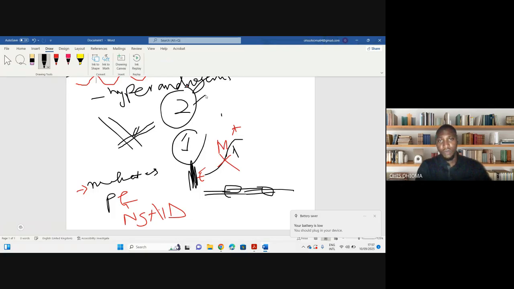The physiological one is the follicular cyst, right? Follicular cyst is physiological. And then the corpus luteal cyst is also physiological.